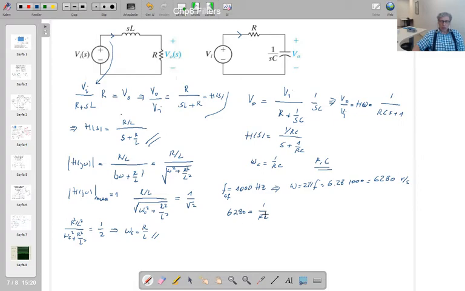So I've got one equation and two unknowns. It is good news because if I choose one of the element values, I can find the corresponding other element value according to that equation. That means there are an infinite number of solution pairs that I can get.